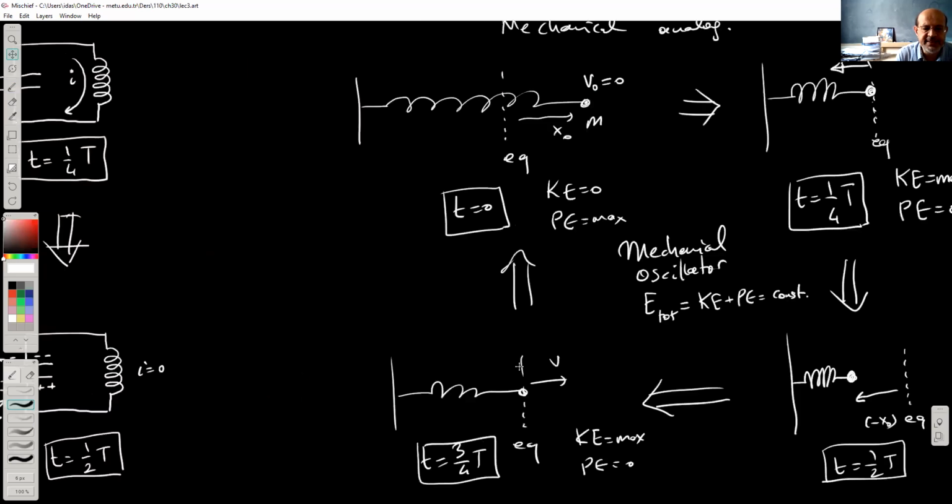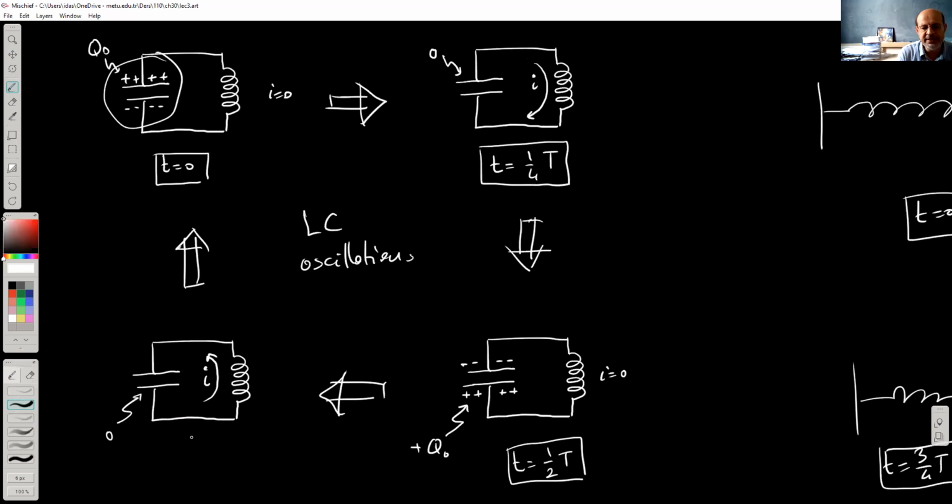This is exactly the same situation here, but this time it's not a mechanical thing. The energy is exchanged between the capacitor form and the inductor form. You can think of it as the electric energy and magnetic energy, right? Let me also write down the time here.